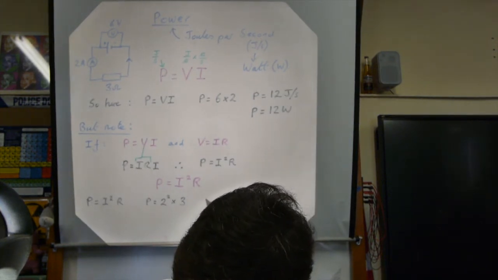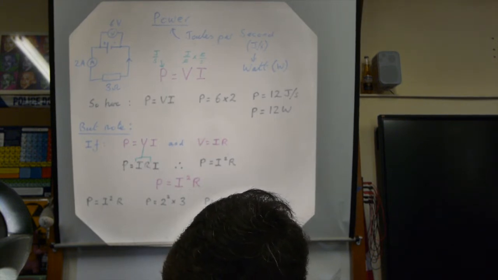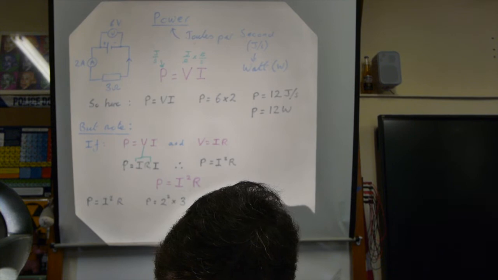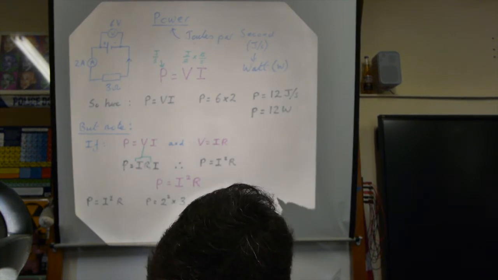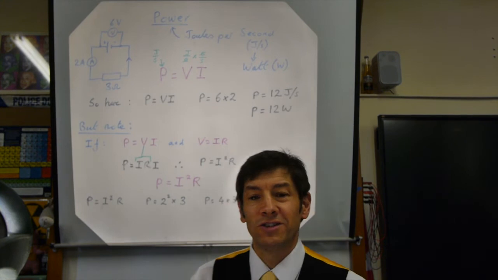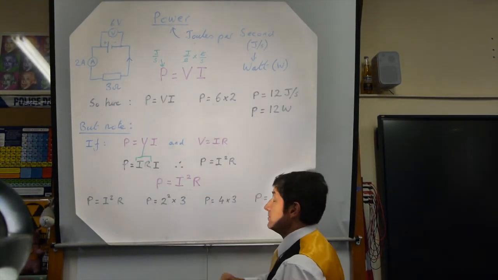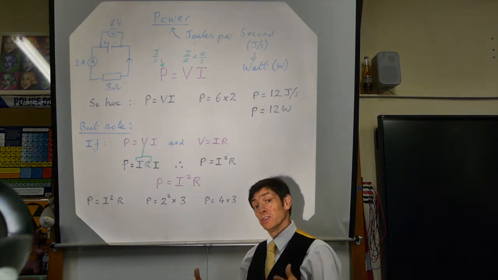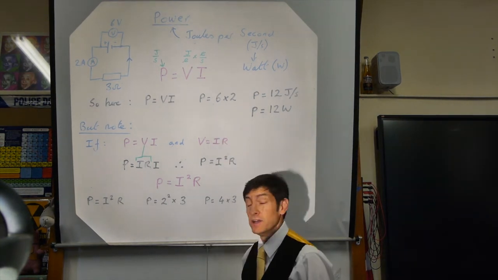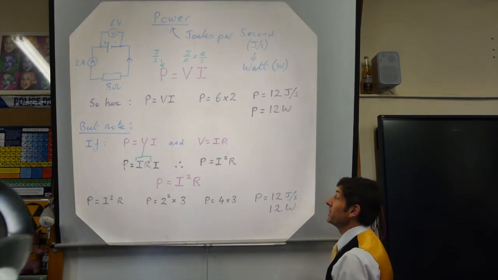So the power will be 4 times 3, and look at that, the power is 12 joules per second, or if you prefer, 12 watts. So P equals I squared R gives exactly the same answer, and of course it should, because things in physics are consistent. Both give 12, so that's fine.